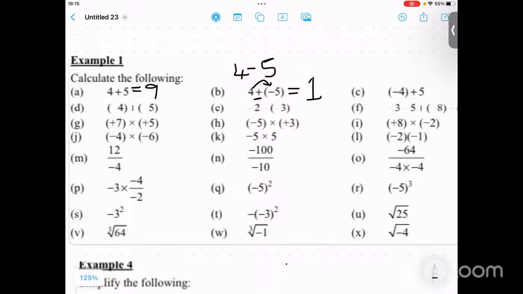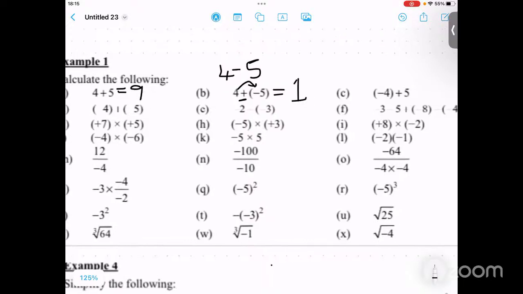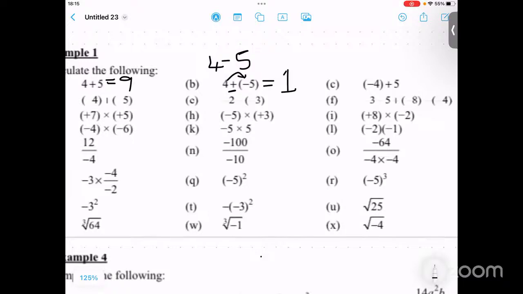And for C, we have in brackets minus 4 plus 5. How are we going to work this one out? We're going to remove the bracket. How are we removing brackets? We just rub it off.